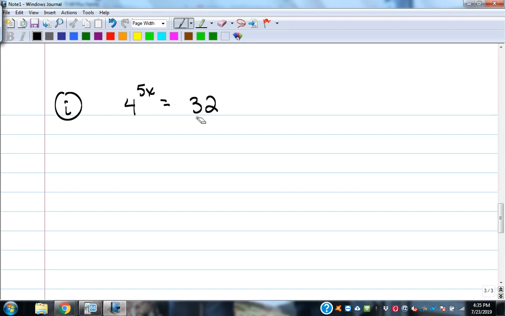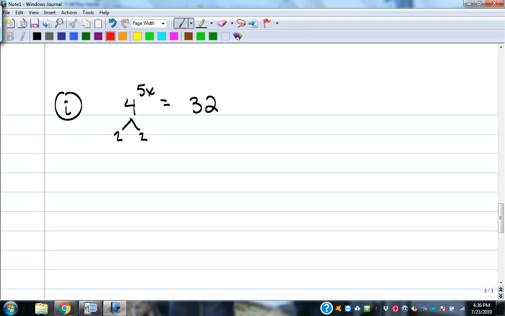And I think about 32, 4 goes into 32, but it's not going to go into it in a nice way, in that way that we could write 32 as 4 to a power. But 4 could break down into 2 times 2, right?